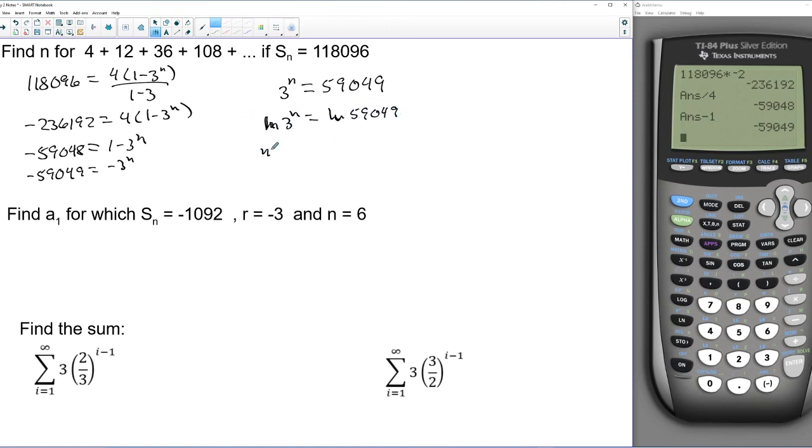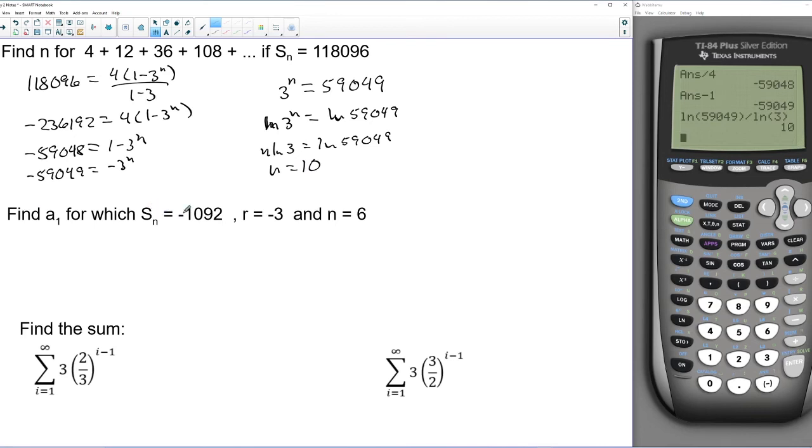I can bring the n down. We have natural log of 59,049, and now we just need to divide over the natural log of 3. So natural log of 59,049 divided by natural log of 3. 10. So n is equal to 10.